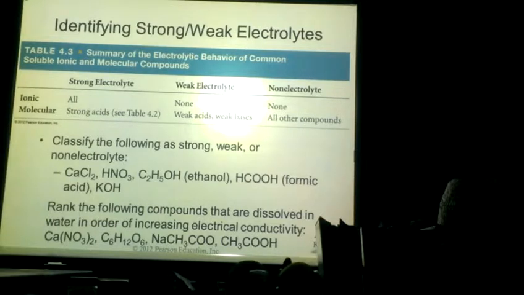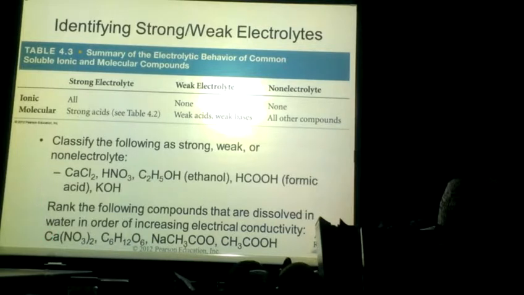It's an acid. It's not one of the 7 strong acids that I need to know. It's a weak acid, so that means that formic acid is going to be a weak electrolyte. Finally, KOH, that's a strong base, or I can consider that to be an ionic compound, so that has to be a strong electrolyte. Okay, so we went from strong, strong, non, weak, strong.